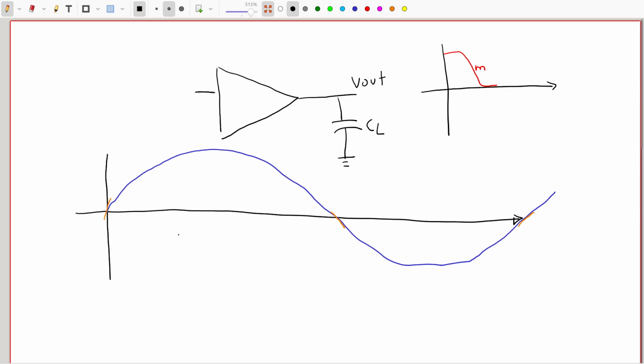amplifier can tolerate. And for that, we have the output voltage Vout, assuming that we have a signal of amplitude Vm.